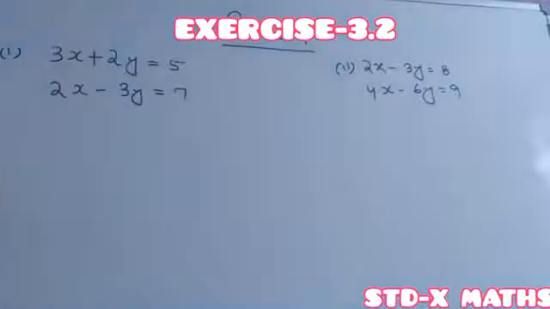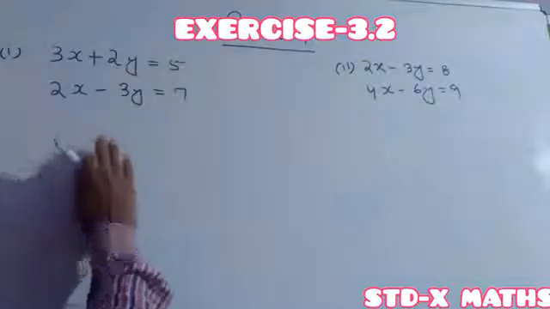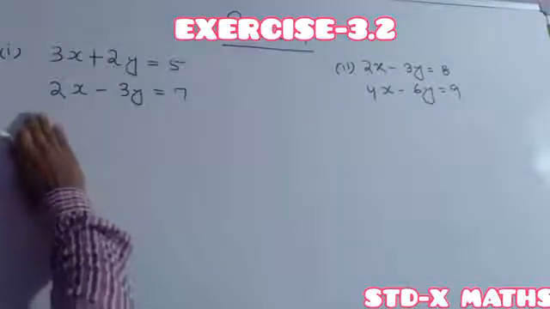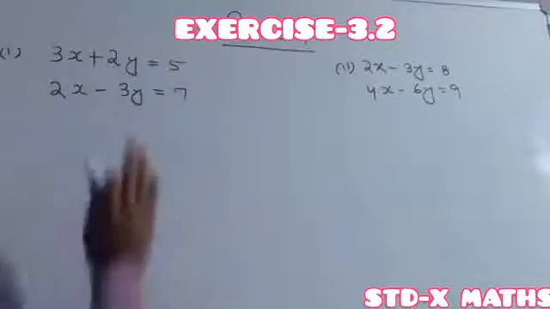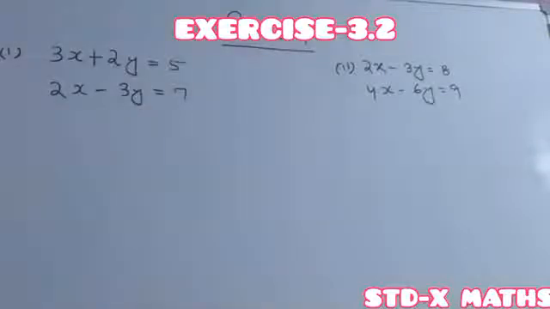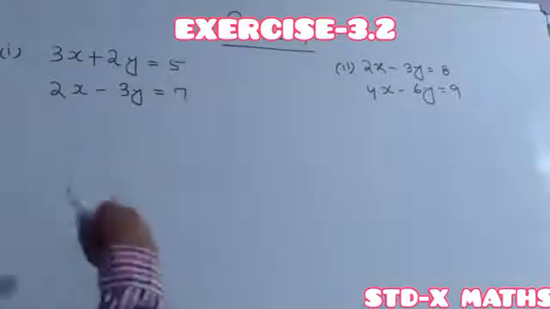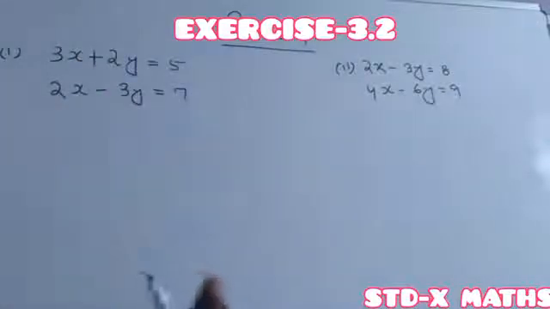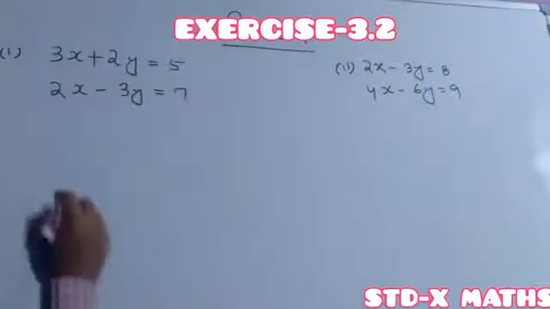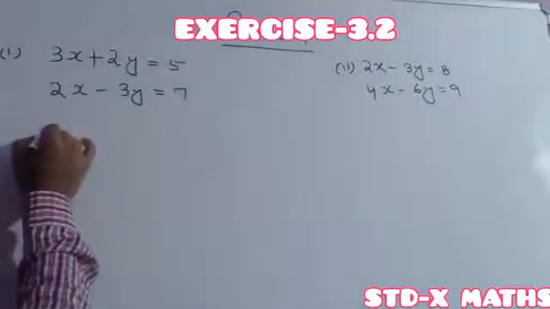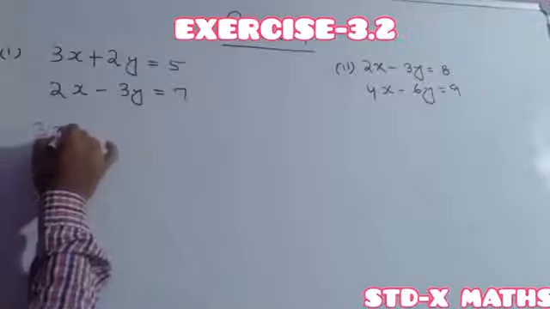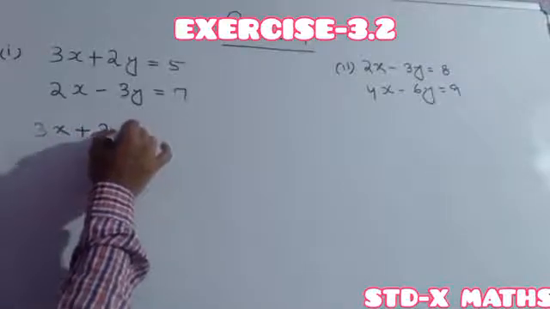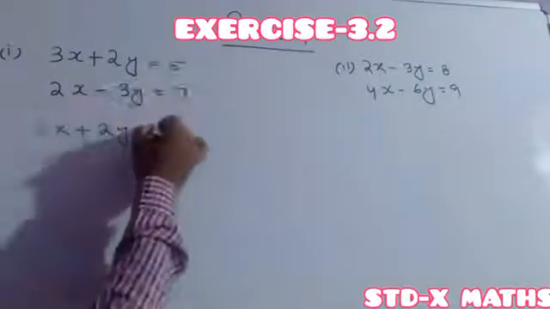So here we need to check. But listen, before we find the ratios of the coefficients, it will be better to first arrange the equations in standard form. Without standard form we can also find it, and it will give the same result, but it is better to first arrange it in standard form: ax plus by plus c equals 0, with the constant moved to the left side.